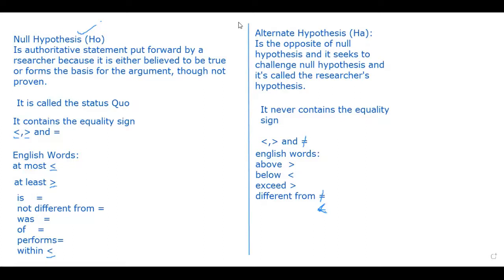You get it? Now, we have tails of tests. We have the one tail test and we have the two tail test.